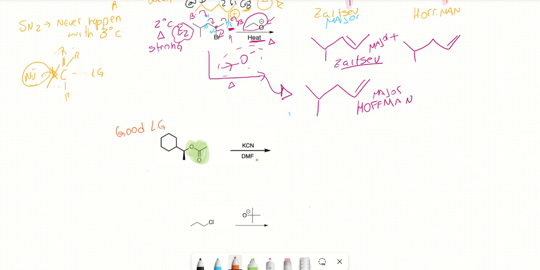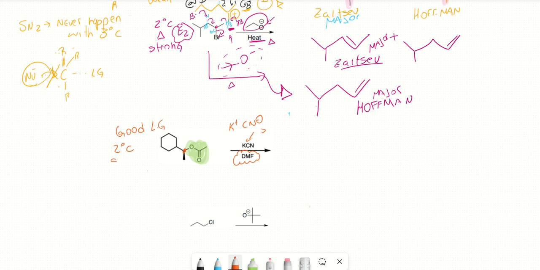And we have here a secondary carbon, so I could have SN2 or I could have SN1. But look at this solvent over here. What do we have here? DMF. So we have a good leaving group. We have a strong nucleophile because we have this negative charge.